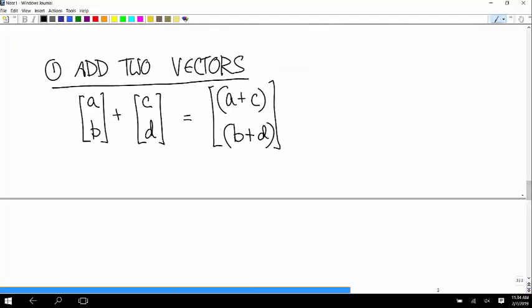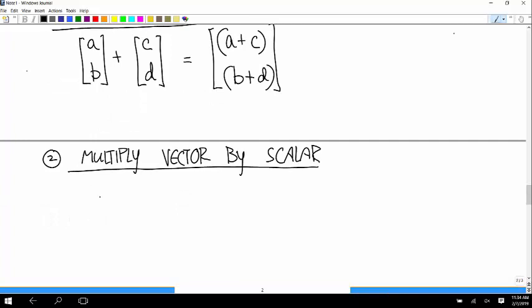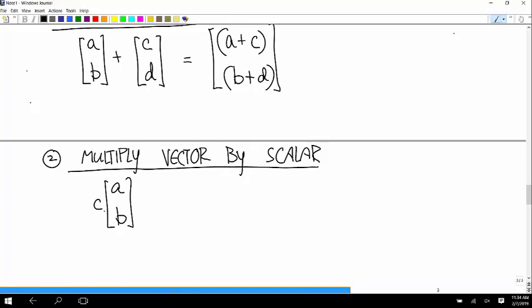And then the second one, multiplying a vector by a scalar. So let's say that we're multiplying the vector AB times the scalar C. So C is just a number.